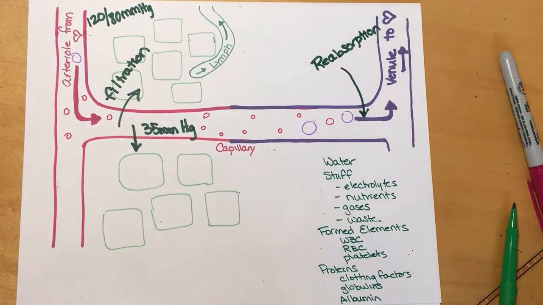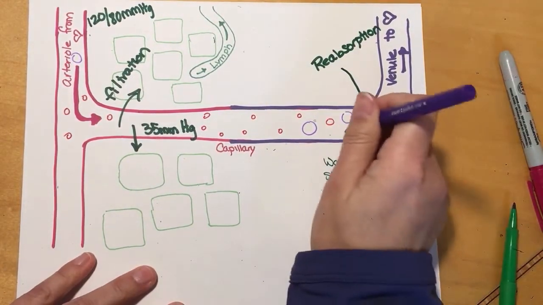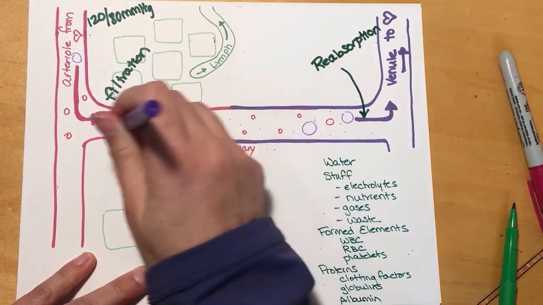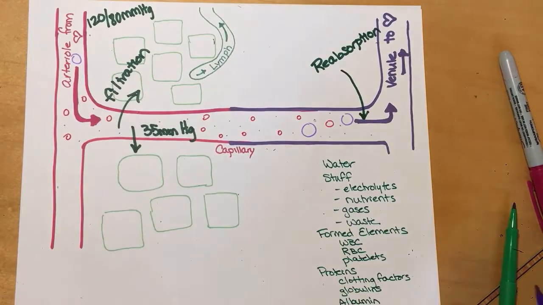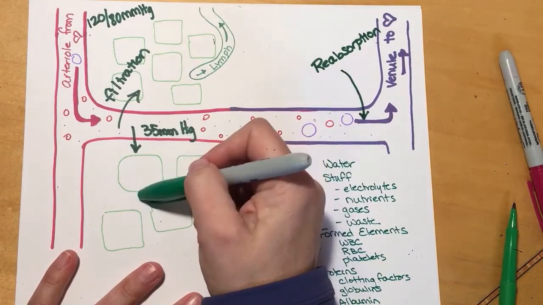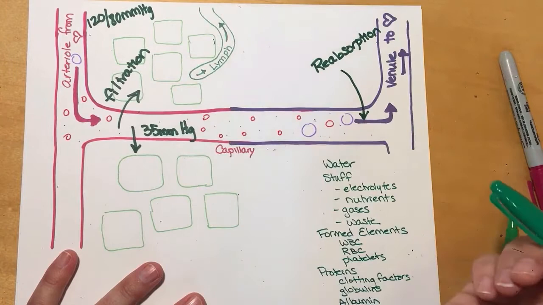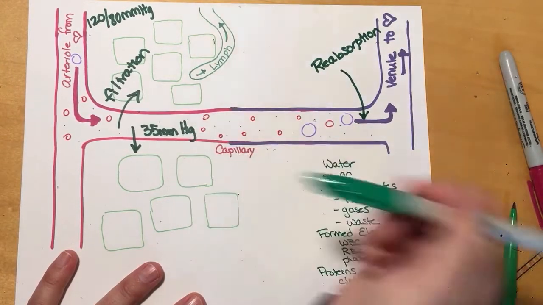And then we have all the other stuff, the water and the nutrients and the small electrolytes, and oxygen is carried in the blood. So all that stuff is in the blood. And so when you're pushing out things from the blood, really only the things that fit are going to leave the blood.